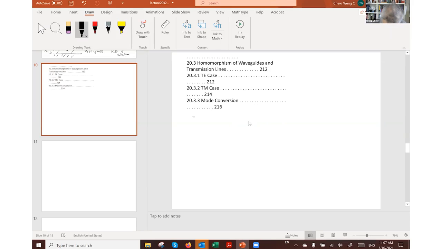So let's look at the TE case for a general hollow waveguide. In this case, Ez is equal to 0. And we know that curl of H would be equal to j omega E, where again I forget the epsilon. This would have to be the case.